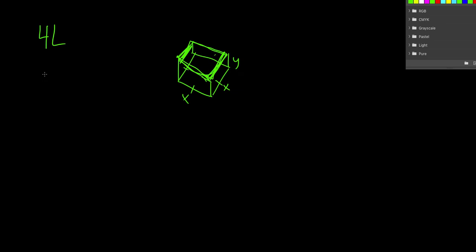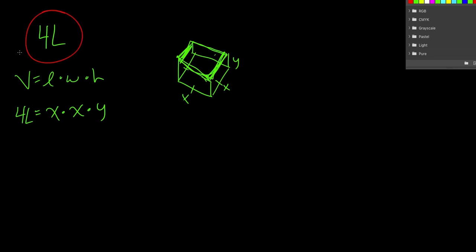And so volume is length times width times height. And so our length is x, our width is x, and our height is y. And our volume is 4 liters. Now we want to eventually get these heights, and our goal is to actually get the lowest surface area while maintaining this volume.